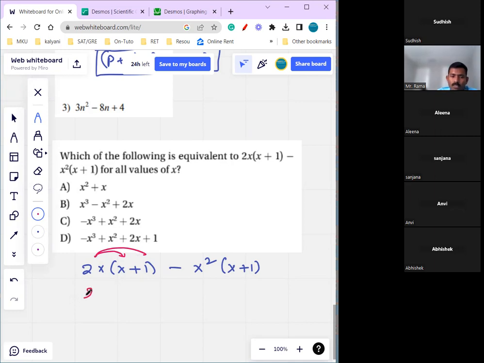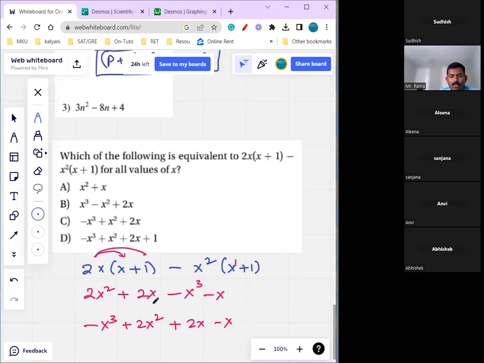We multiply: 2x squared, because x times x, plus 2x, then minus x² times x is x cubed, and then minus x². In standard form, you always write the x cubed first, and then x squared, and x.